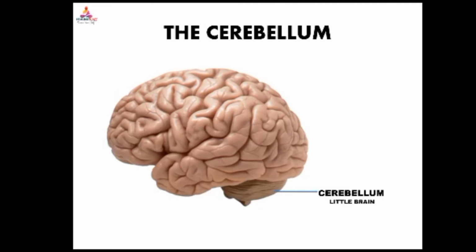It is connected to the midbrain, pons and medulla by the superior, middle and inferior cerebellar peduncles respectively. The surface of the cerebellum has narrow transverse ridges called folia, separated by deep fissures.